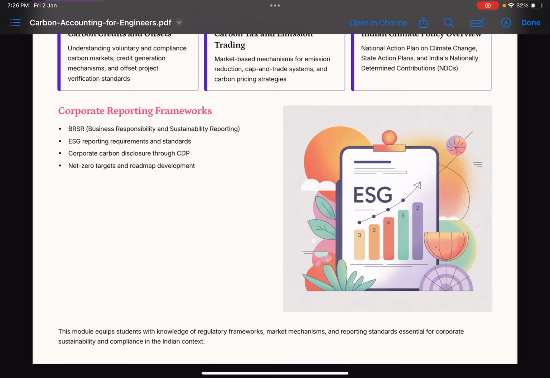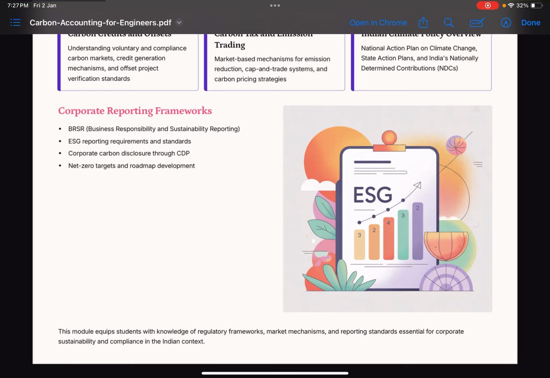Finally, we would look into the sustainability reporting frameworks followed by the corporates, which might include the ESG report or the business responsibility and sustainability reporting.